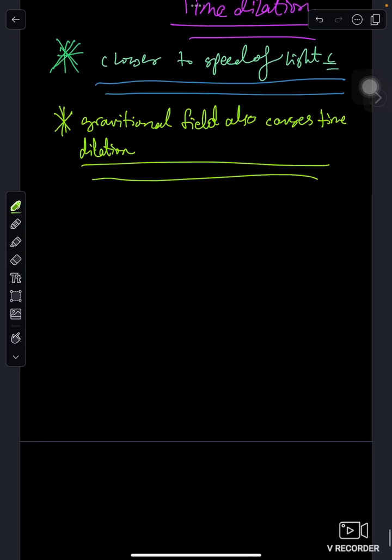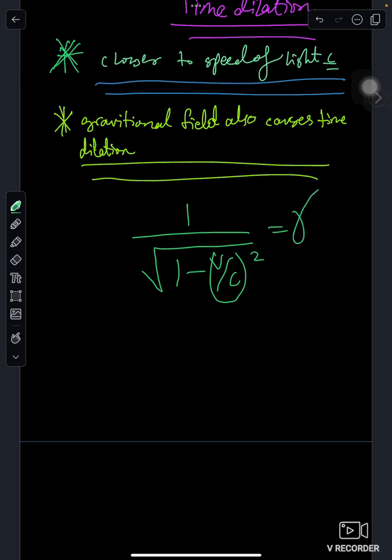we can also talk about the formula itself. When we talk about the formula of time dilation, this quantity is gamma.